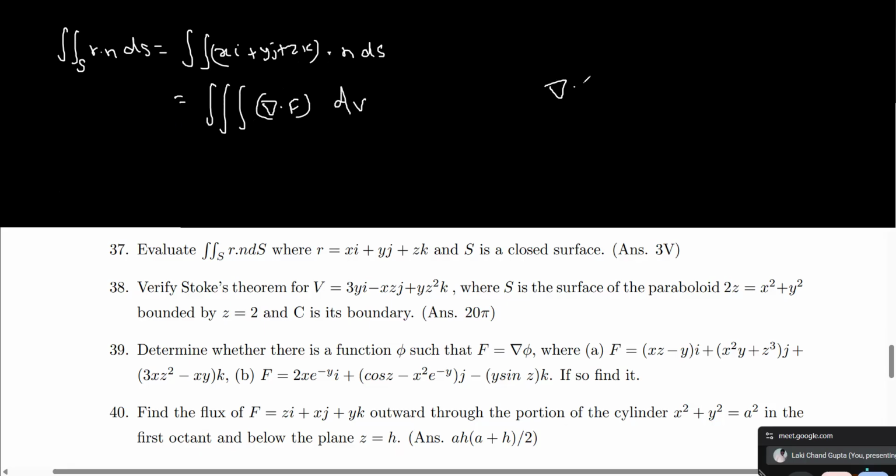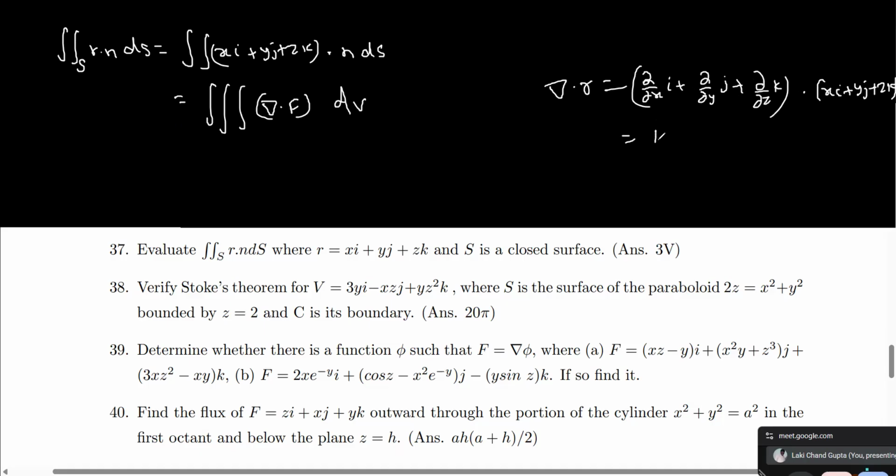So first we find divergence of R. Del x by del x plus del y by del y plus del z by del z.